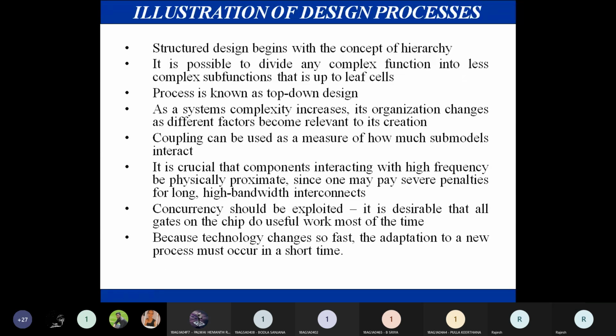So this is the illustration of the design process. You have to go for a structured design with the concept of hierarchy. Complex functions must be divided into subfunctions.